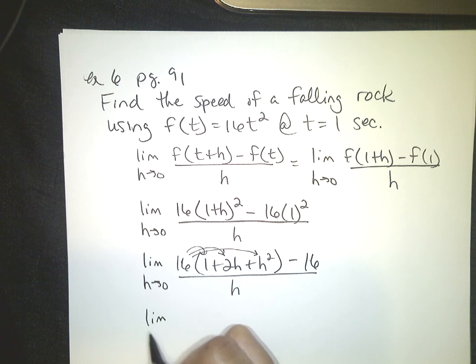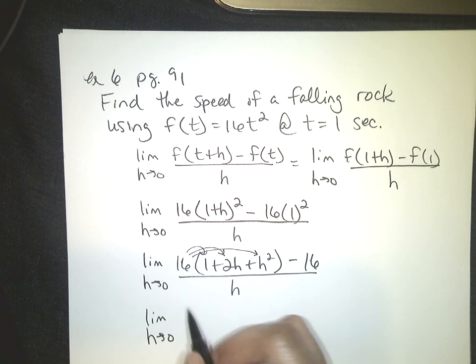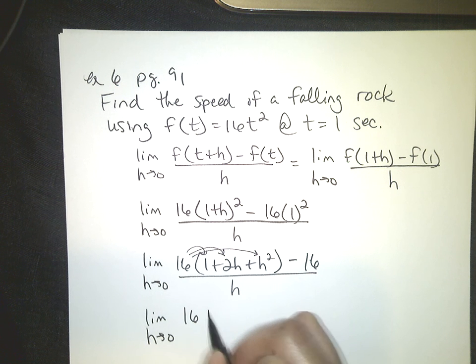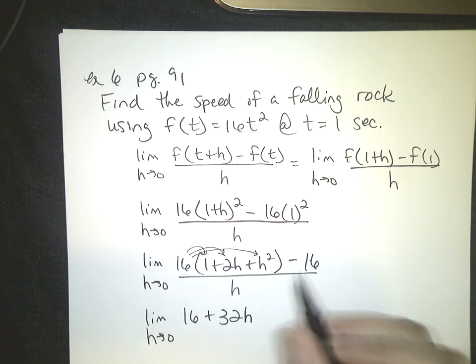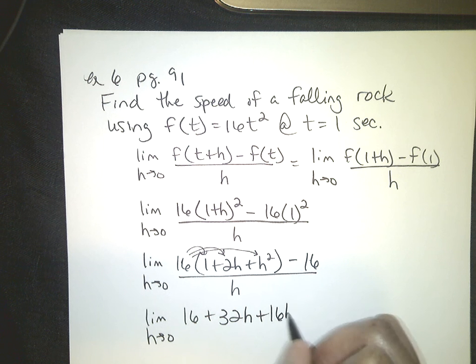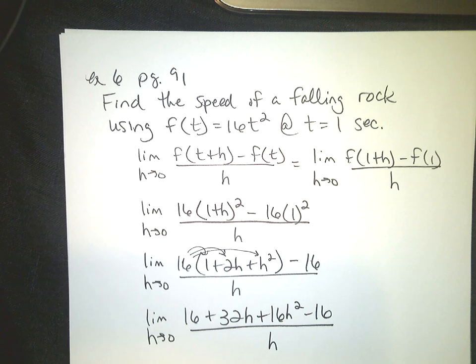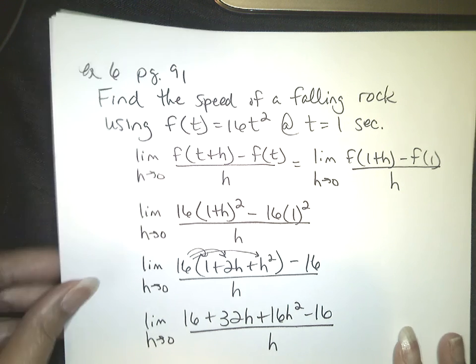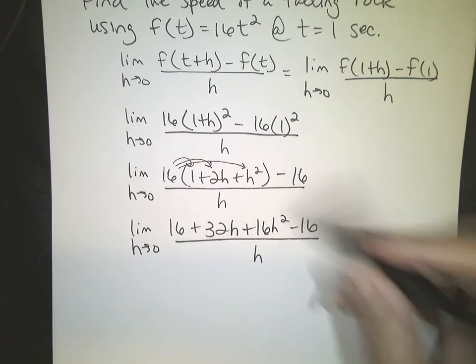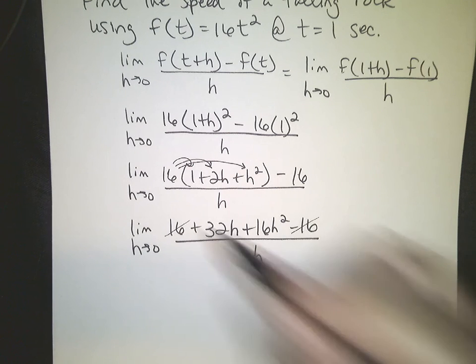So it'll be the limit as h approaches 0 of 16 plus 32h plus 16h squared minus 16 all over h. Now, parentheses are gone. Now we can cross out the 16s.